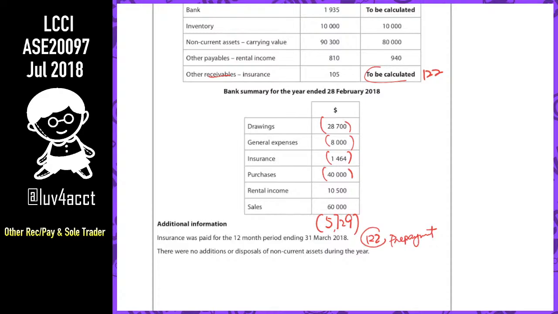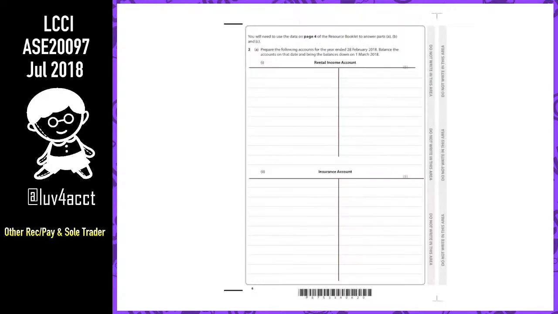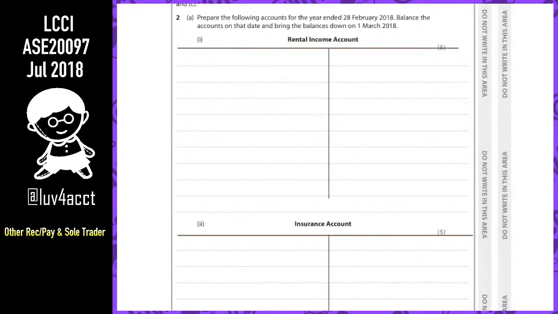So with this we can calculate rental income and also insurance. Let's do this first. Other payables 810, other receivables 105. Rental income is an income account, so credit side, and then debit for insurance. Year 2017, 1st of March, we have a balance of 810.